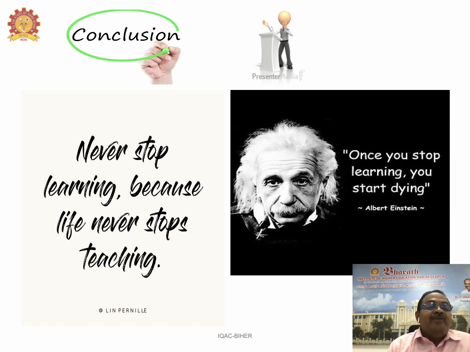Don't stop in between at any one step. You keep on learning. Learning is very important. The quote says never stop learning because life never stops teaching. Albert Einstein also gave that beautiful note: once you stop learning, you start dying. So my humble submission to everybody: keep on learning. Lifelong learning is very important.